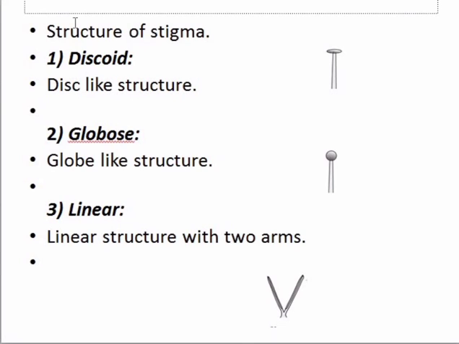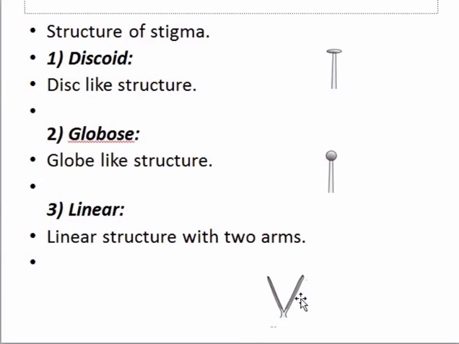The other one, the structure that I said we will discuss later on, is the structure of stigma. The structure of stigma may be described as disc-like. Look into this structure. This is disc-like or globose, like a globe, or round in structure.